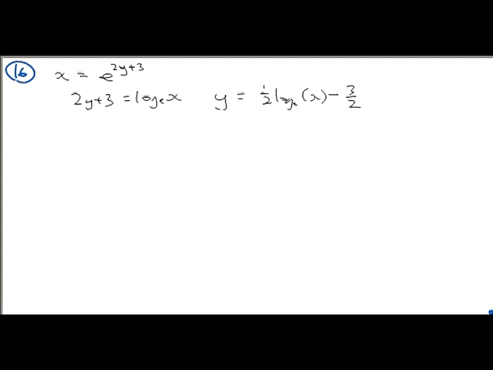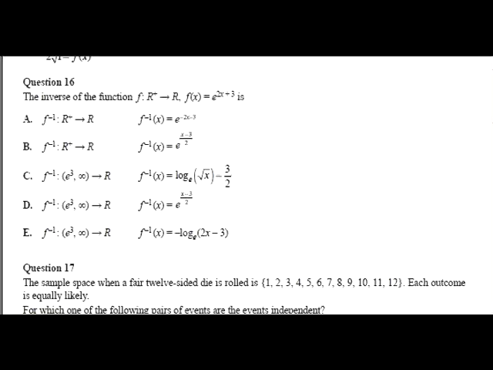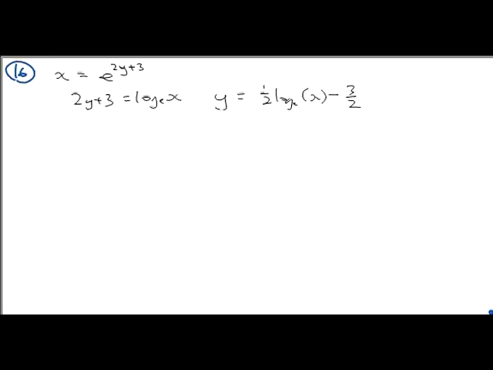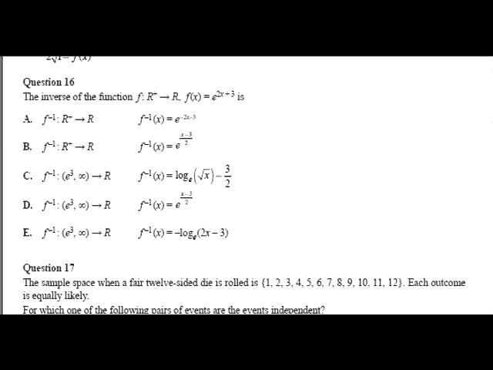Go back to the answers. You'll see that the only one that looks mildly like it is option C, and it's got log root x, but you know that this half can go inside, right? And if that were to happen, our thing would work. So, option C it is. Good, isn't it? Notice that we didn't have to worry about the domain because it just wasn't necessary for us to look at.